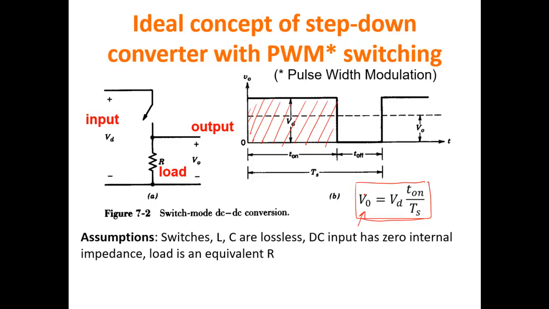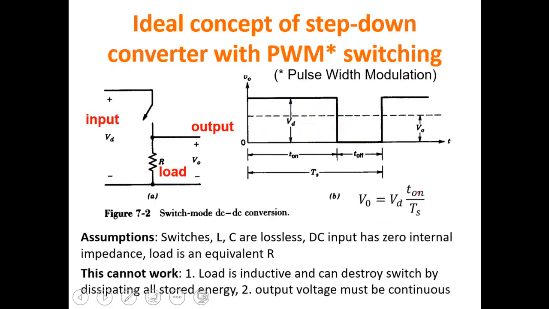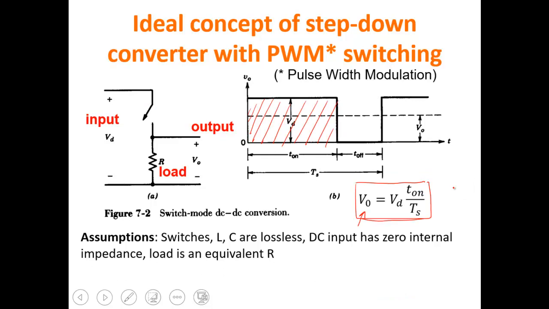But you can easily filter out the components at higher frequencies, and then at the end it's relatively easy to obtain only the DC voltage component. So, I want to stress one thing.